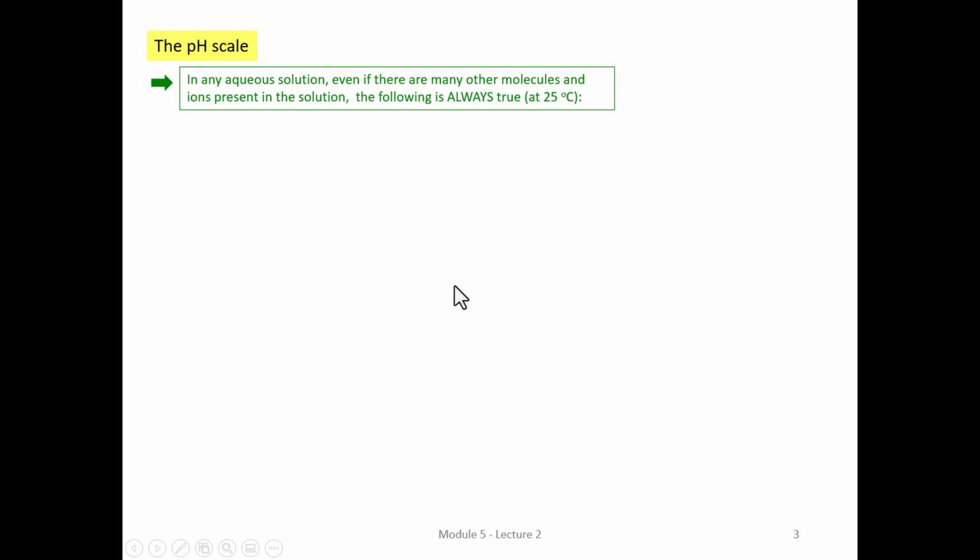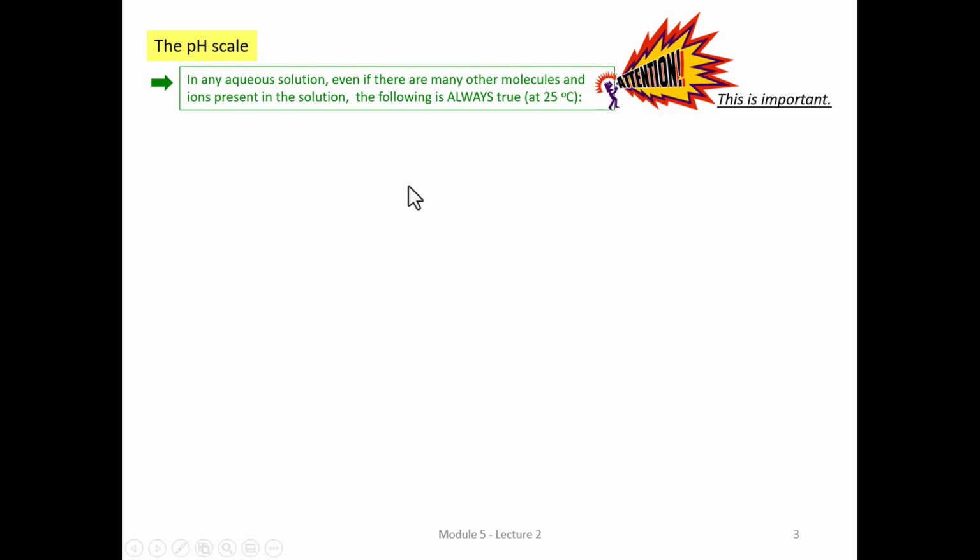Now, in any aqueous solution, even if there are many other molecules and ions present in that solution, the following is always true at 25 degrees C. And I have this ridiculous figure come down that says, attention, this is really important. Well, what's always true?